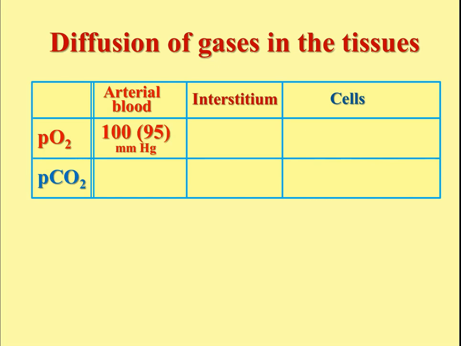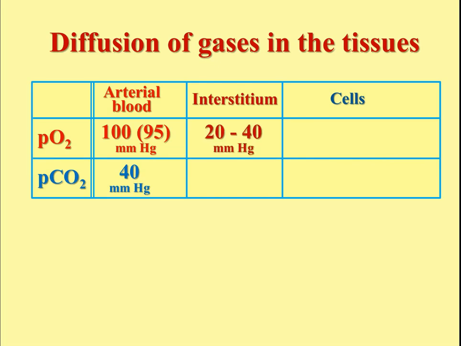So PO2 values of arterial blood are about 100, and PCO2 is about 40. Interstitium should have, even if you don't remember, you can predict, less PO2 and higher PCO2, and cells correspondingly even less PO2 and higher PCO2.